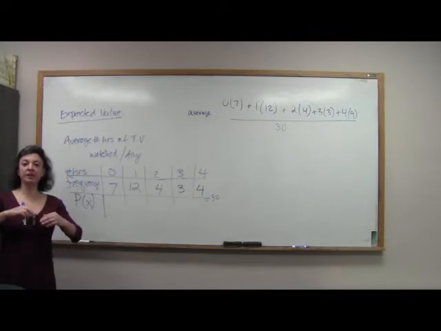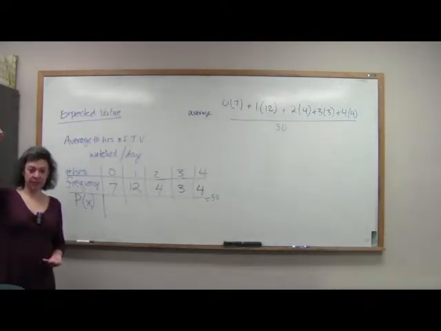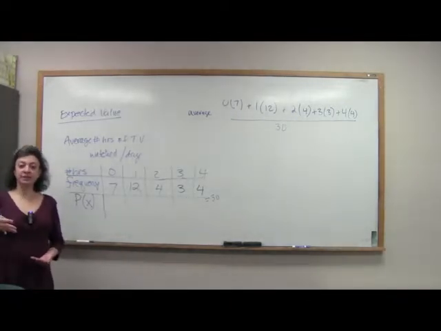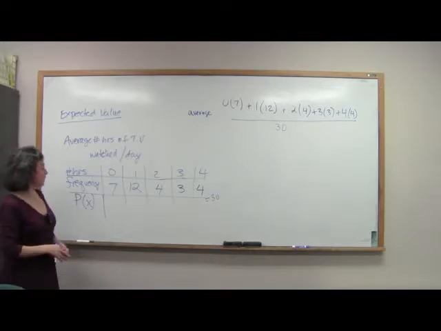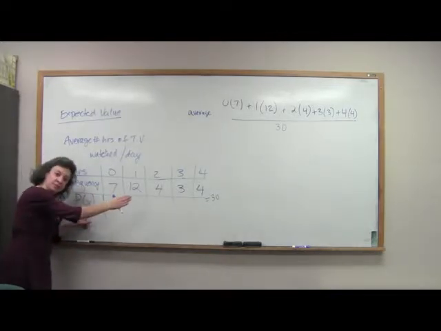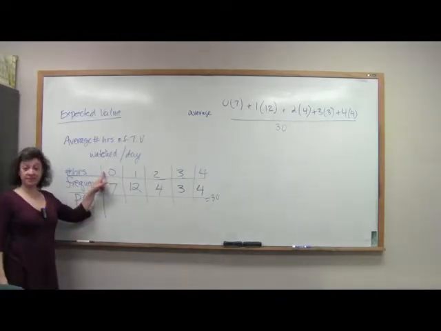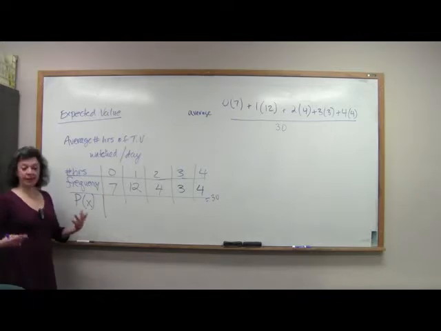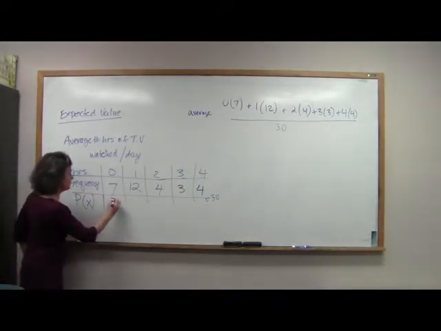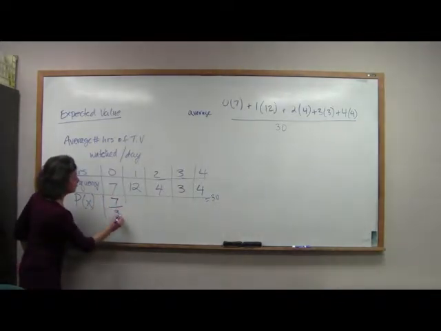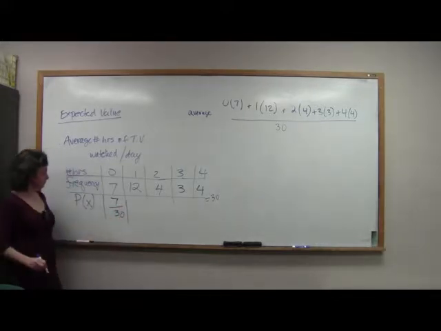Remember, the probability of an event is the number of ways that event can happen divided by the total possible outcomes. Well, if I wanted to find the probability that one of these randomly selected families watched no hours of TV per day, in how many ways can that happen? Well, there are 7 families out of my total 30.